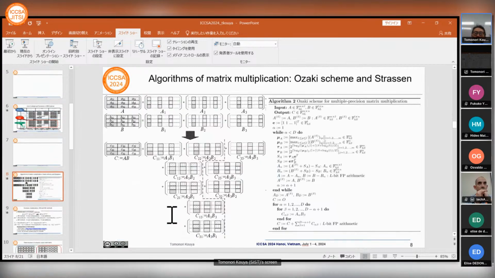In our BNCmatmul library, we have two matrix multiplication algorithms. One is the Strassen algorithm, and another is the Ozaki scheme.